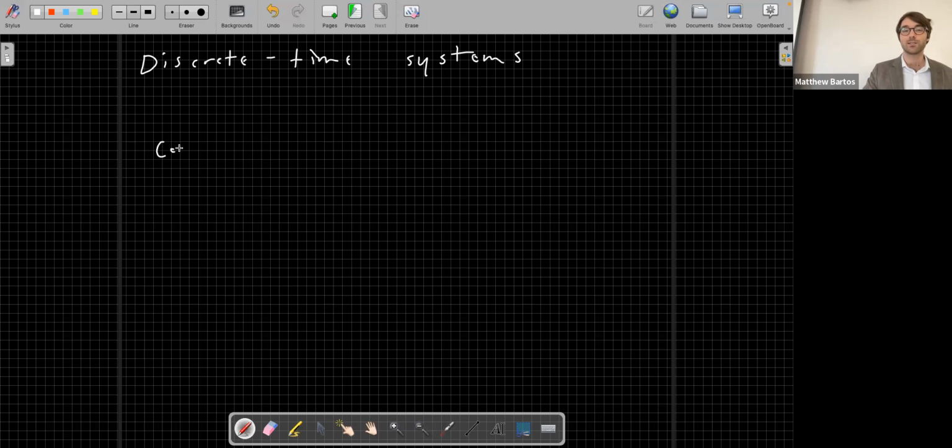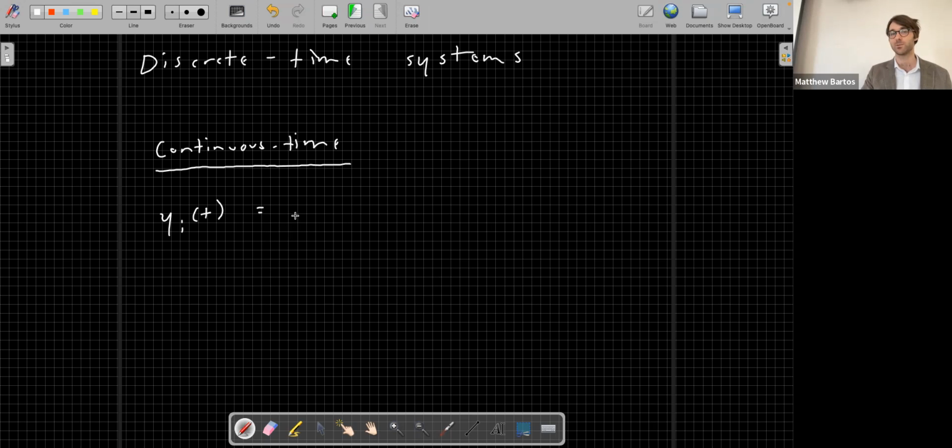So, for continuous time systems, our solutions corresponding to our individual roots of the characteristic equation will be of the form e to the lambda i t, right? For discrete time systems, it's almost the same, but just a little bit different.